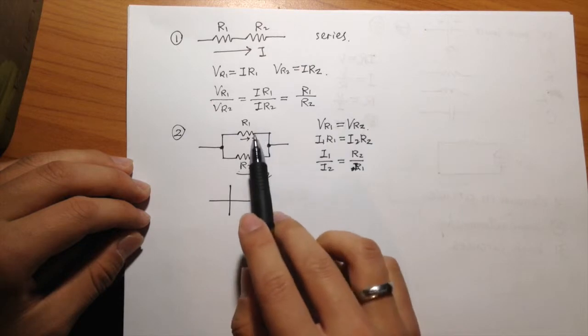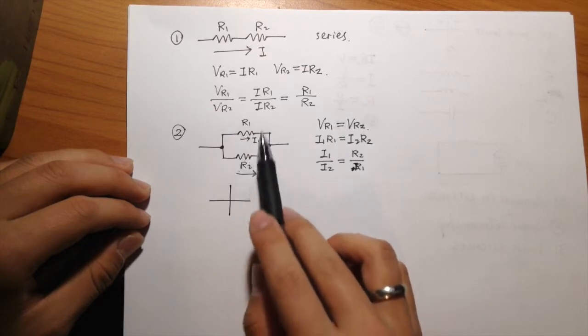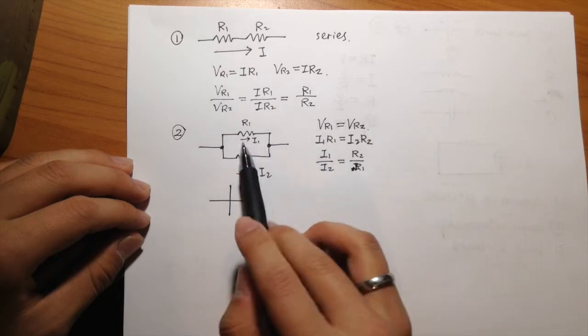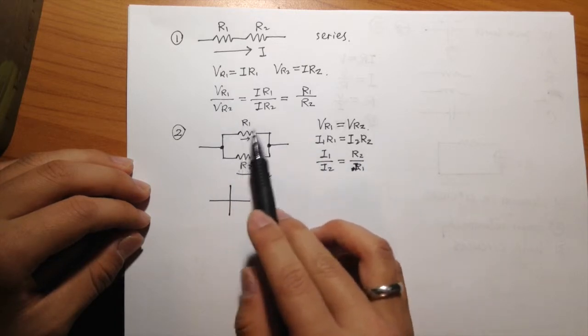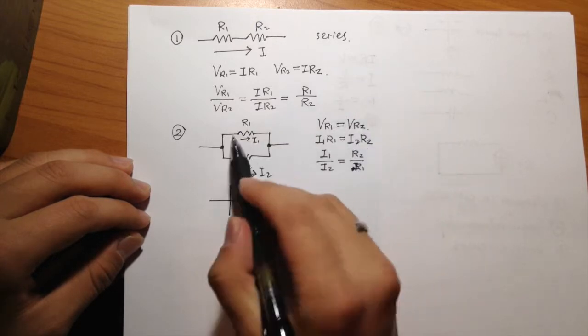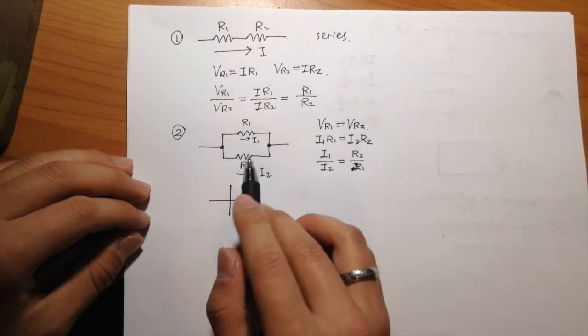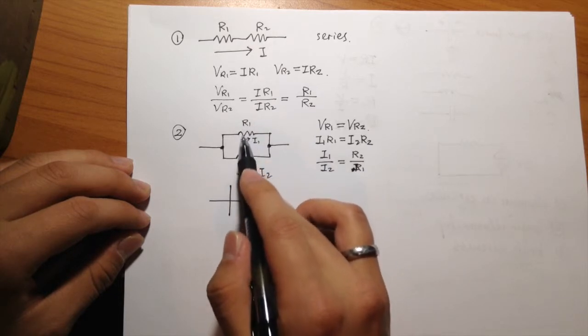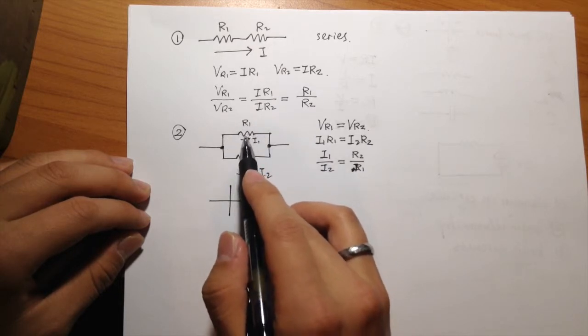If you have a bigger resistor here, then you have a smaller current value here. It makes sense because the more resistance you have, the more you resist the current. So the current is going to go the other way more, but that does not mean that the current doesn't go through this resistor at all.